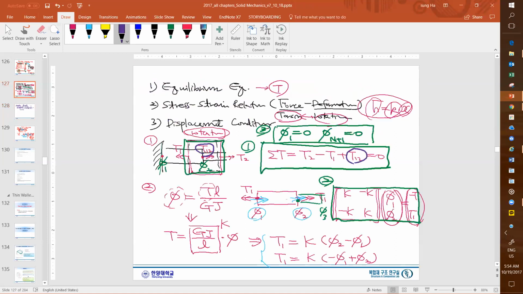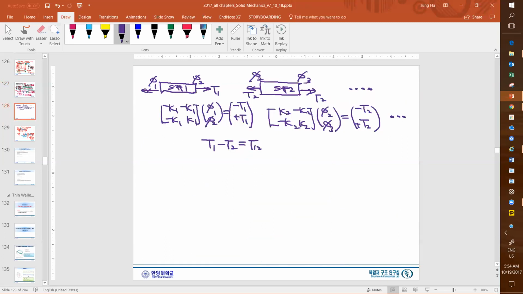And using this equilibrium equation, it applies to this T1 and this T2. And the next one will be T2 minus T3 equal T23. And of course, so on.